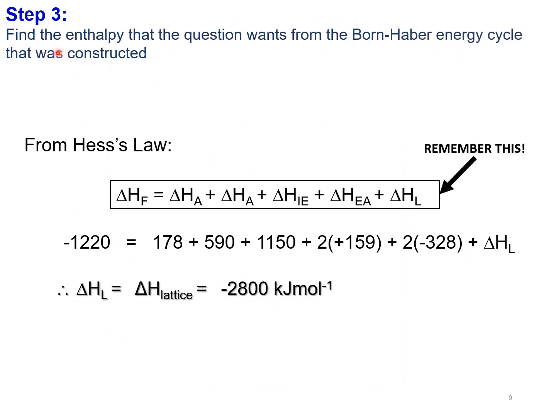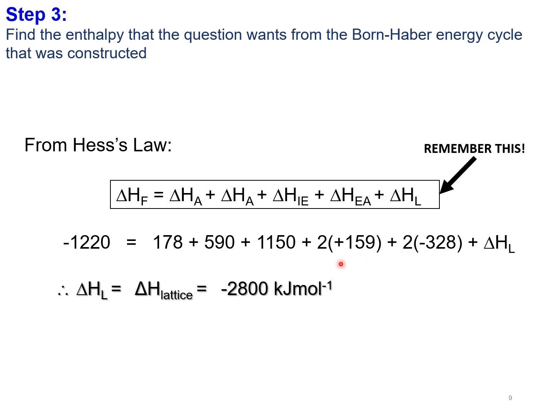Okay, for the last step, we know that from Hess's law, the enthalpy of the cycle is going to be the enthalpy of the equation. The enthalpy of the equation is going to be the summation of all of the enthalpies yang involved. Okay, and you tahu you ada 2 kali ionization energy, and also you punya electron affinity dengan atomization energy untuk your non-metal elements, you kena kalikan dengan 2.